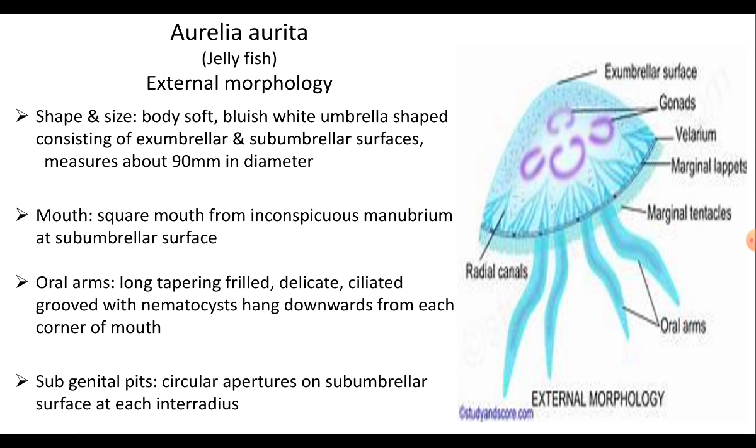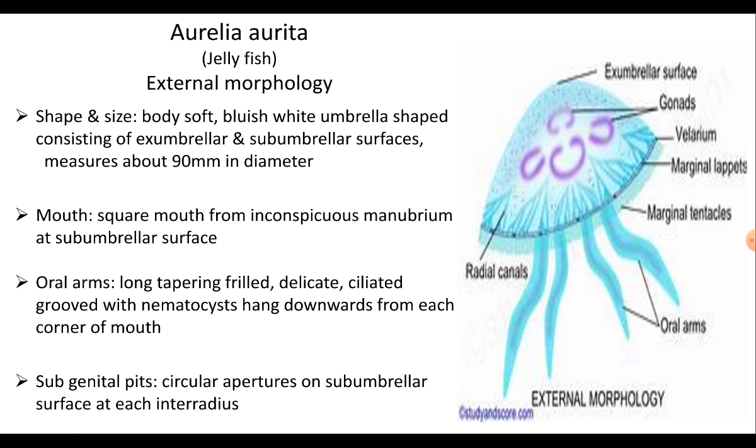The coloration of the body is perfectly transparent and bluish white, where the reddish or purplish gonads are clearly visible from the body surface. From the center of the subumbrellar surface hangs down a very short and inconspicuous manubrium, that is, not clearly visible, and at its free distal end there is a square shaped mouth from each corner of which hangs down a long tapering, frilled and delicate process called the oral arm.